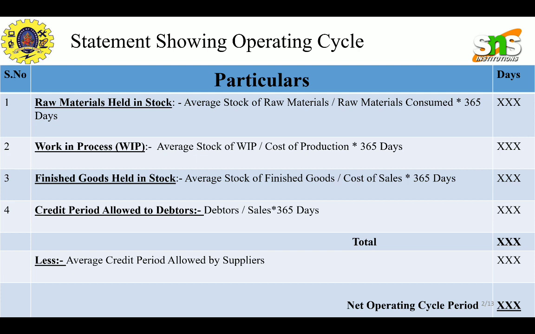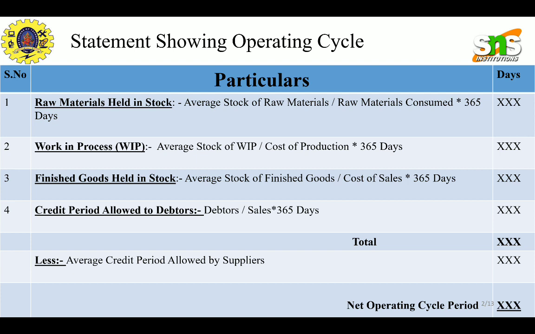Work in progress is equal to average stock of work in progress divided by cost of production into 365 days. The final answer should be in the days column.